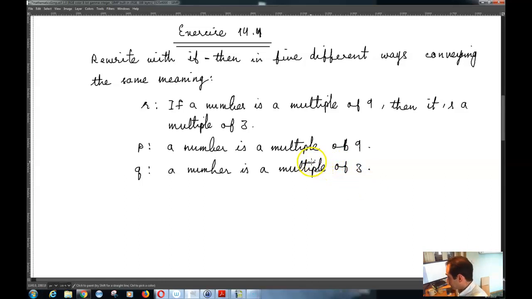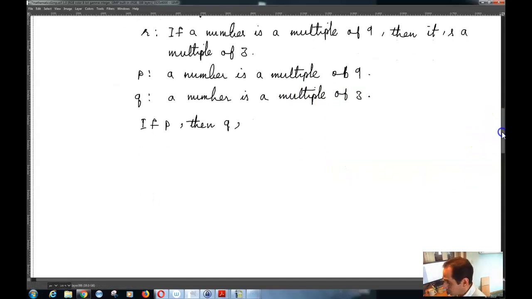Then if P then Q means if a number is a multiple of 9, then the number is a multiple of 3, and that is the same as the following. We had basically 5 different ways of understanding that.